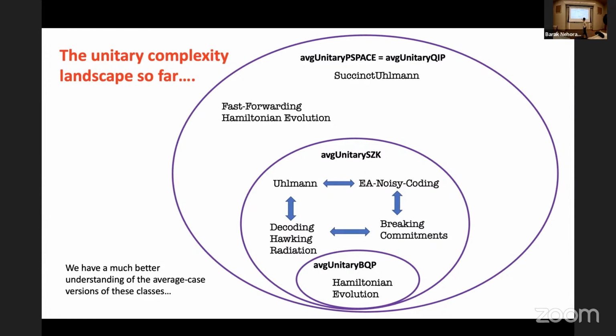You might be wondering what this average business is. So far, we have a much better understanding of these classes when we solve problems in the average case, where the input quantum state that you're trying to transform is sampled from some distribution. What happens if you take away this average case condition? I'm not really sure what's going on there, but it's interesting to think about.